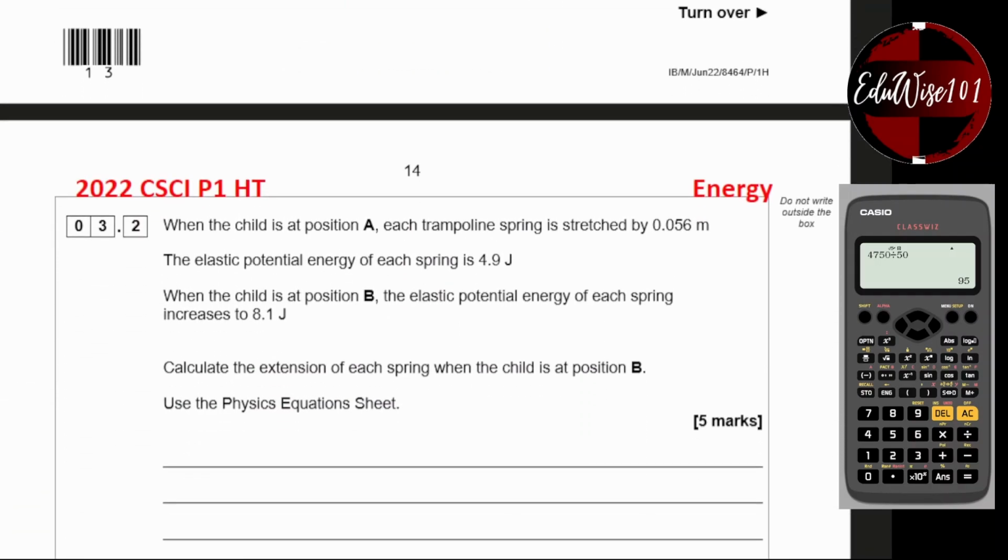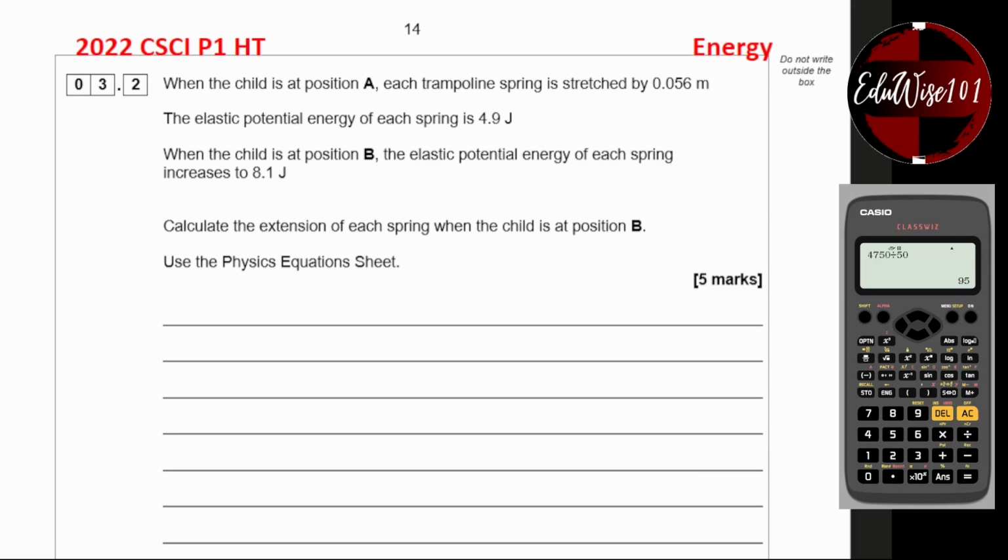Question 3.2. Now this is a 5-mark question. Calculation. When the child is in position A, each spring is stretched by 0.056 meters. Now that's the extension.